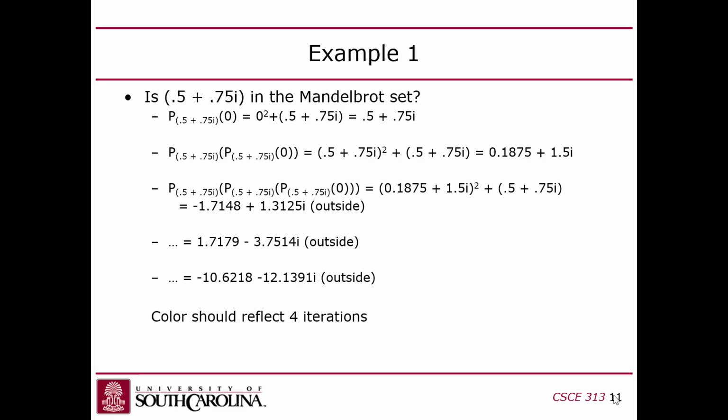Okay? Now, at this point, I have to stop and ask, has this diverged yet? And the answer is, I have to figure out if it's within a radius 2 circle. To determine that, you just take the real part, square it, take the imaginary part, square it, add them together, and take the square root of the result.